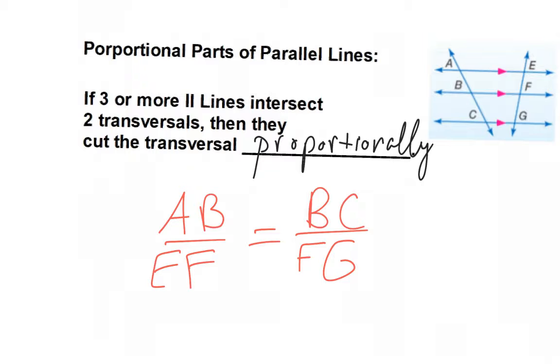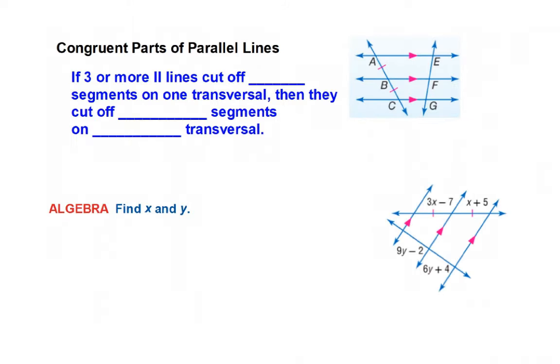So AB, the length of segment AB, over the length of segment EF, because they're in the same spot, equals BC over FG. What are we trying to solve? We're not yet. We're just setting up, making sure we see the right things to go together. Sometimes we have to give letters to.